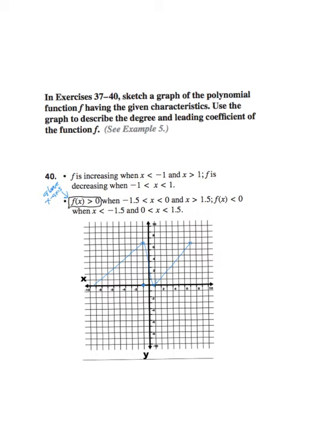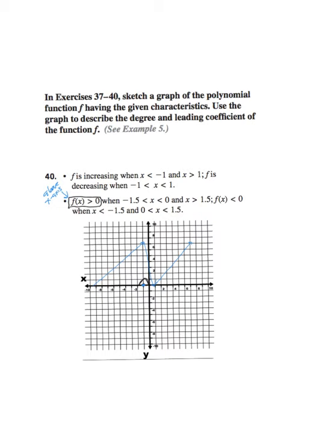So it's going to be -1.5 to 0. So -1.5, it's right here, and it's going to go up, maybe steeply, I don't know, and then back down to 0. During this range, it is above the x-axis.